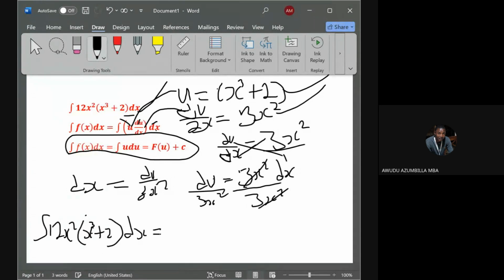What does this mean? This means that my 12 is not affected. So I'll write my 12 there because we didn't define the 12 to be anything. 12x squared.